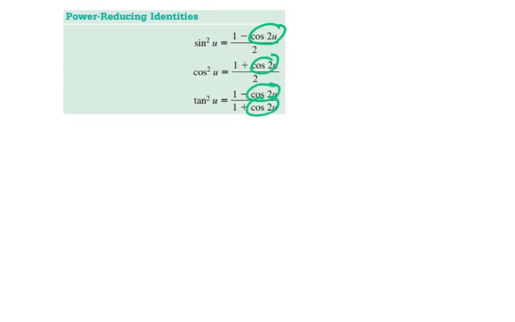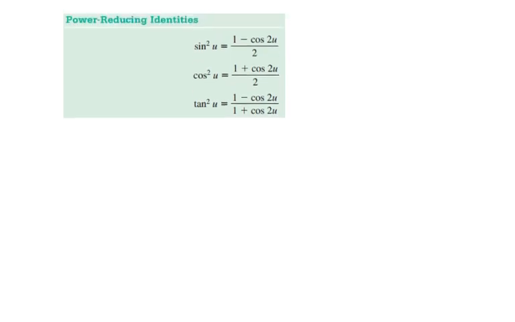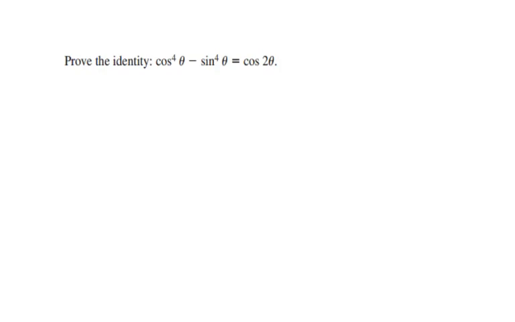And then, of course, from the double angle, you can go to our previous rules. So these are our power-reducing identities. And so, again, anytime that you use this, it's probably because you're trying to get a result, like in this one here, that has exponents, but then no exponents in the result.